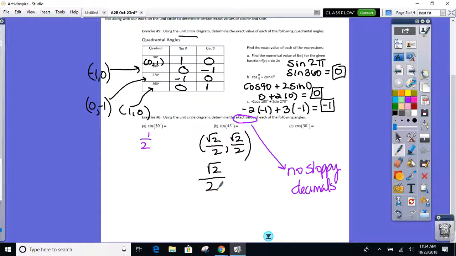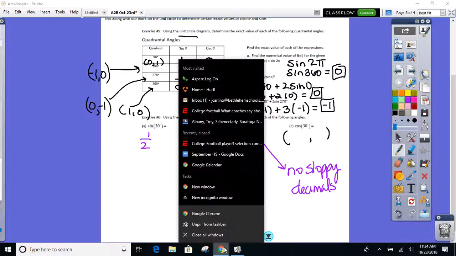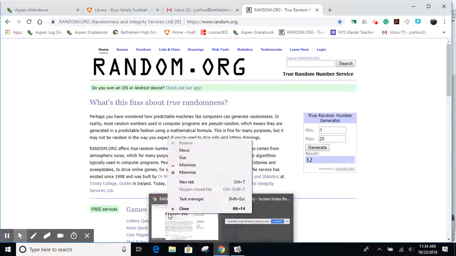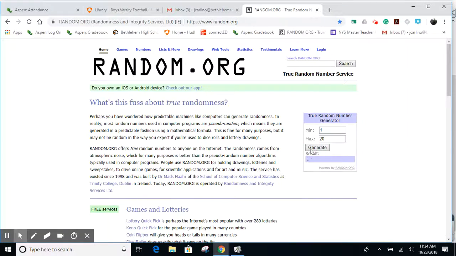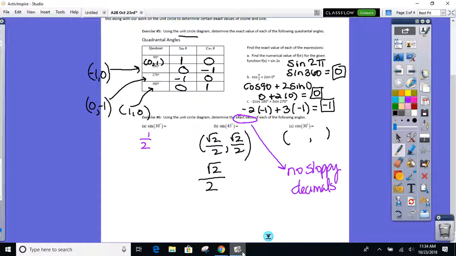Questions? Cosine of 30. Nope. Sloppy decimal in my calculator. So go to your unit circle. What's the coordinate of 30 degrees on the unit circle?